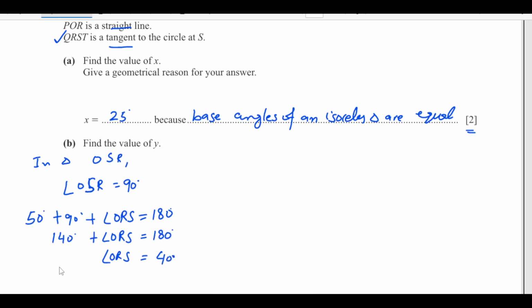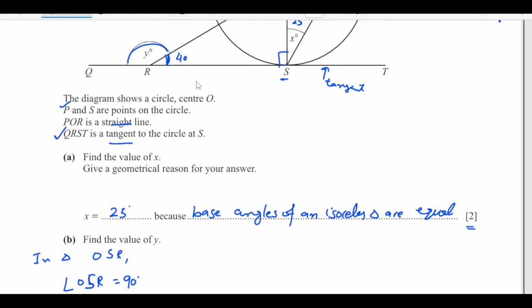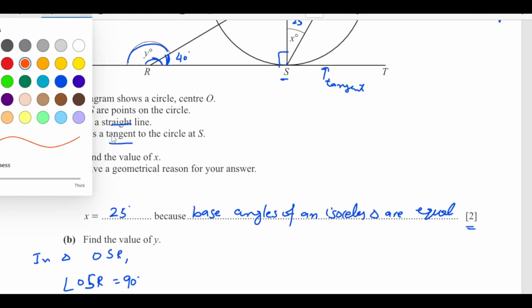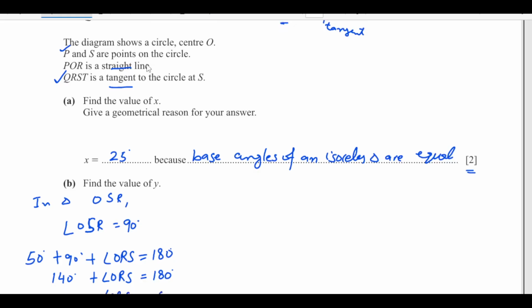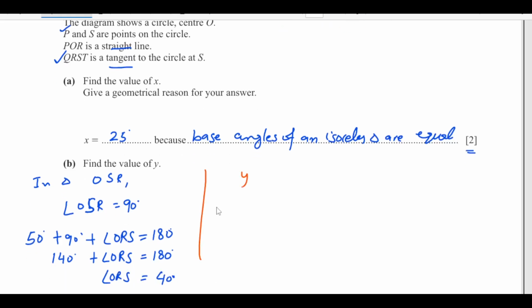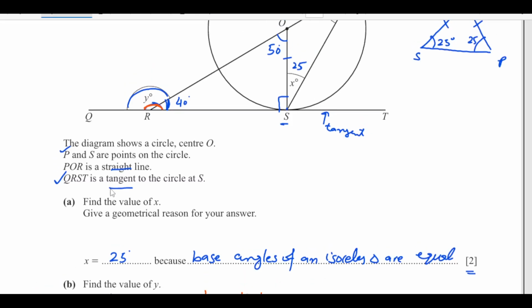So, we calculated this angle is 40 degrees now, and now you see this is a straight line. So, the sum of these two angles, this and this, is going to be 180. So, I will write here y plus 40 will be 180, because we are given that Q R S T, P O R is a straight line, and this is a tangent, so this is also a straight line.